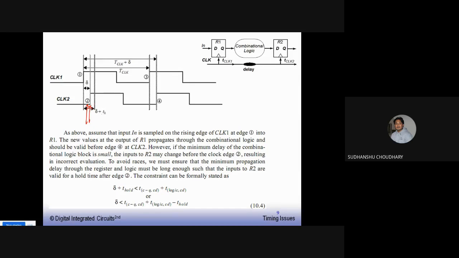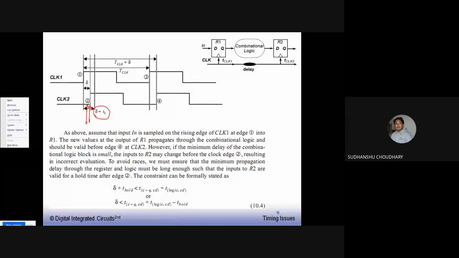That puts a condition for holding the data for a certain time, that is a hold time condition. We don't want the data to be written at edge 2 by register number 2. We want the data to be processed only at edge number 4.